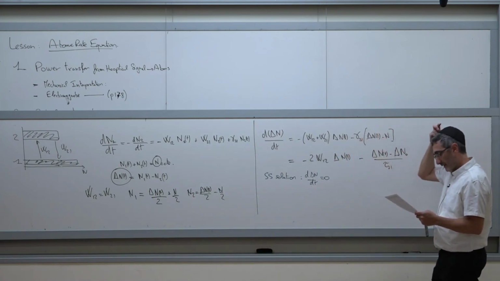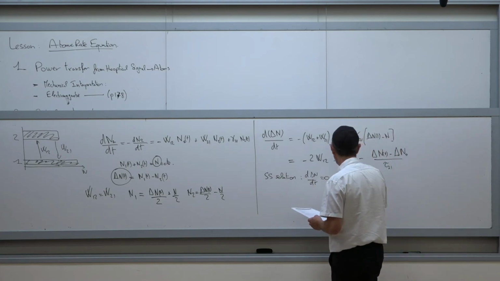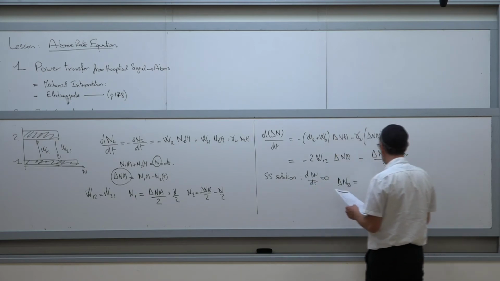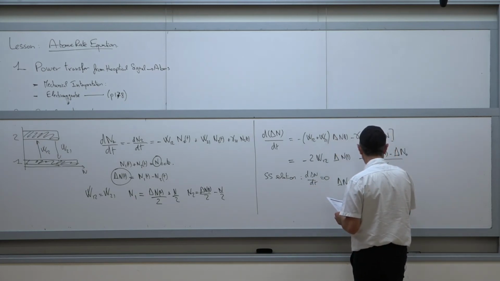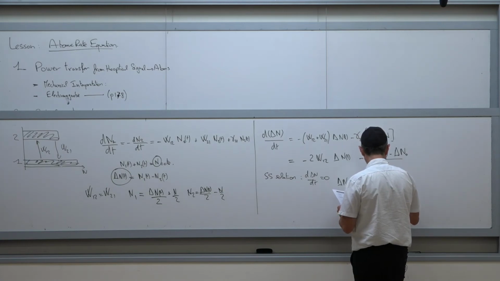So what do we get here? We get that delta n at steady state, which I call delta n SS, is equal to delta n0 over 1 plus 2 W12 tau 12.